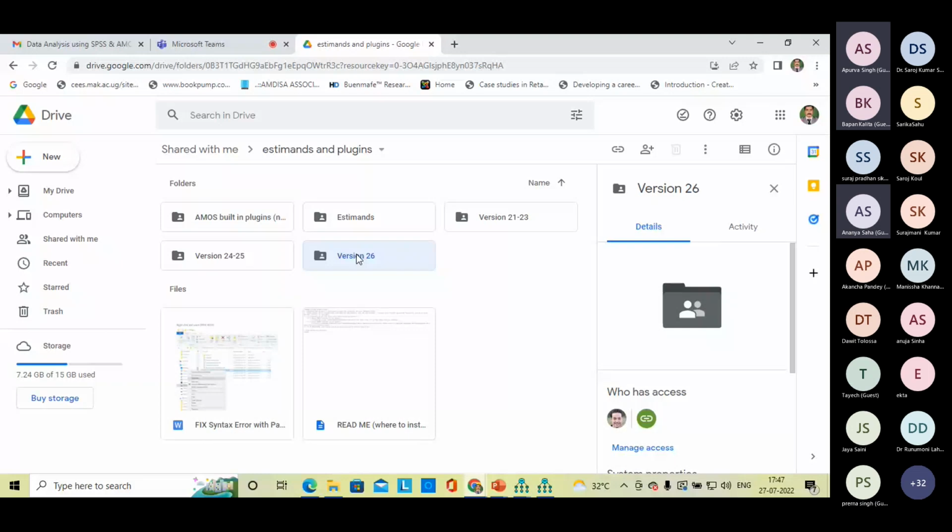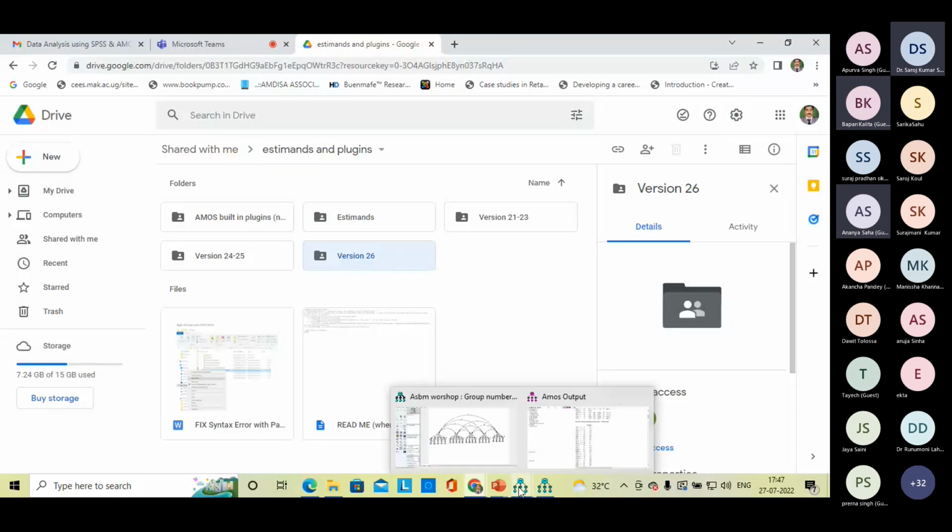So we need to download all these. In the last it is written all plugin V26 zip. Yes, all. Download it and save it in a single folder.